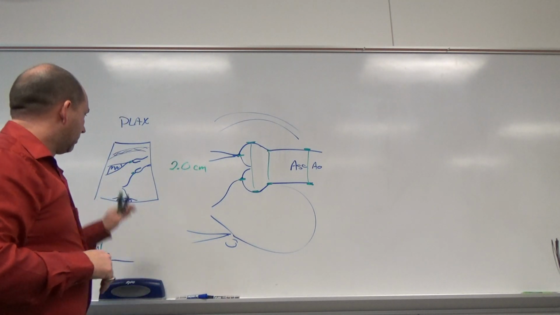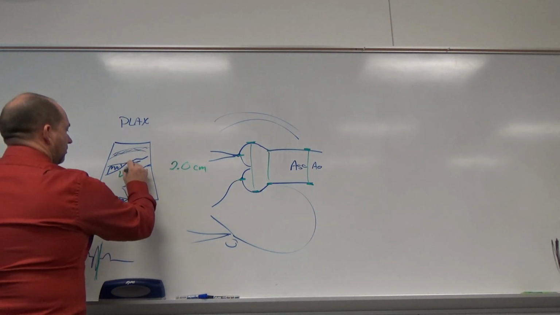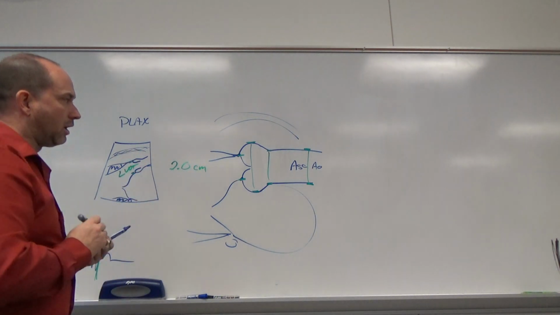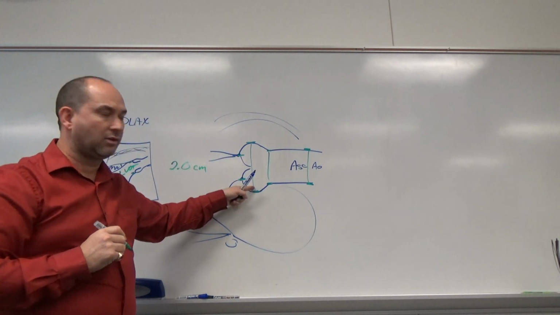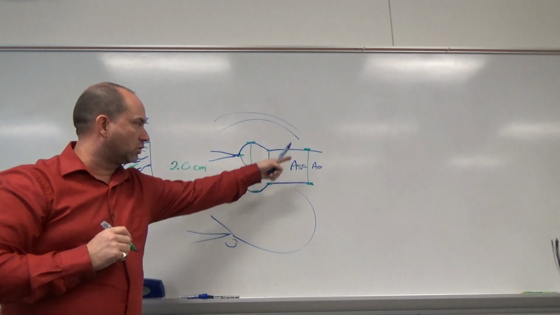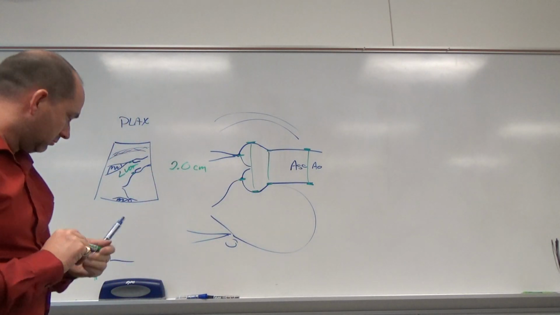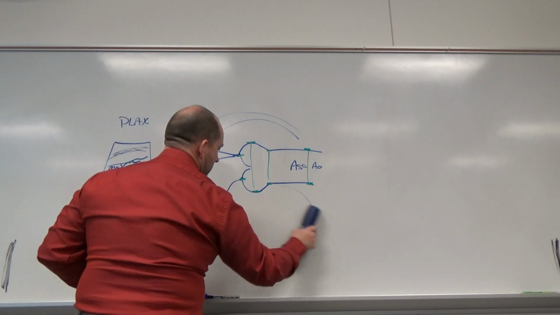That's ascending aorta. So LVOT, ascending aorta. So again, the annulus, the sinus of Valsalva or the aortic root, sinotubular junction, and ascending aorta.